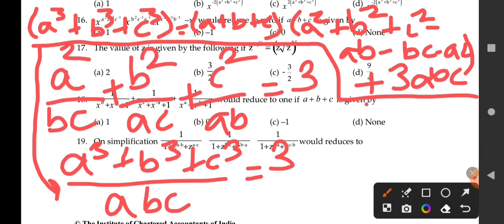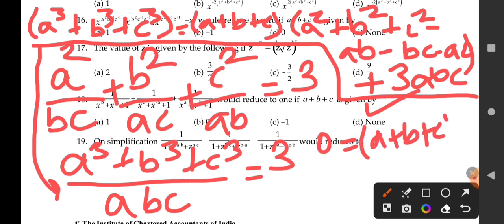Now this 3abc you're going to take to the left hand side. You get 0 equals to (a plus b plus c) into this whole equation. And when you take this whole equation to the left hand side, it becomes 0. Hence a plus b plus c becomes 0.